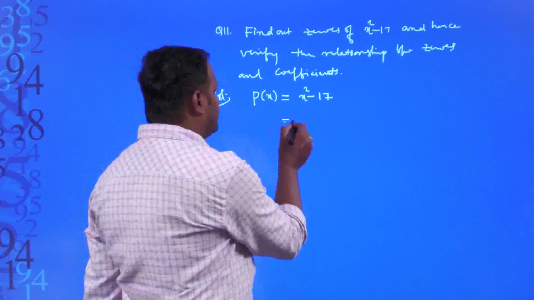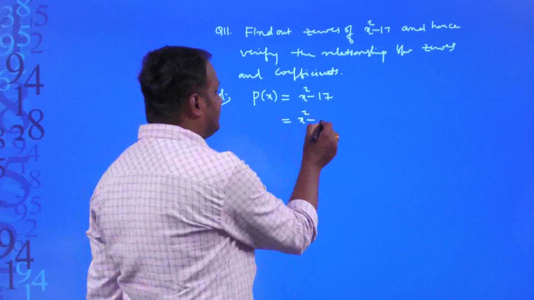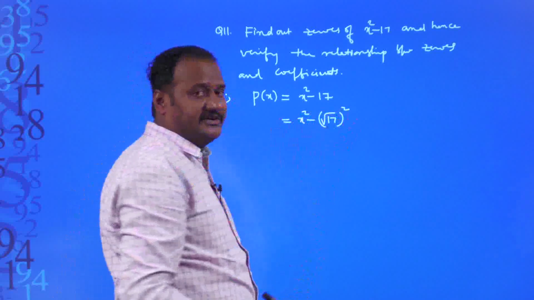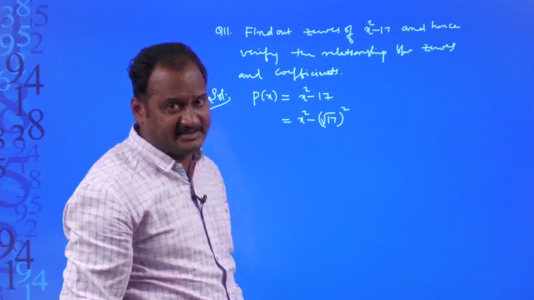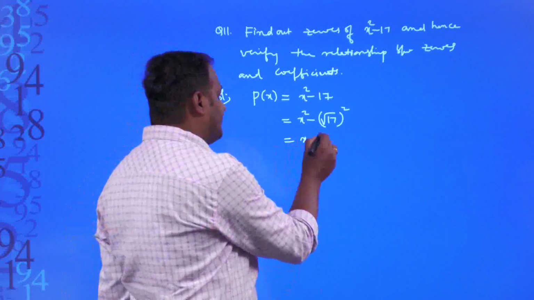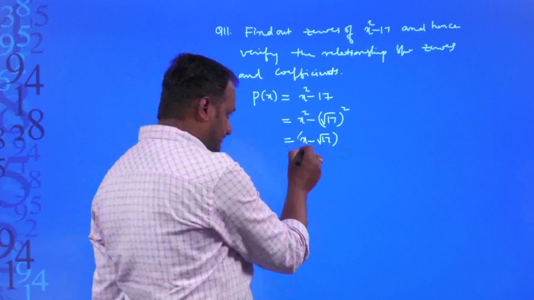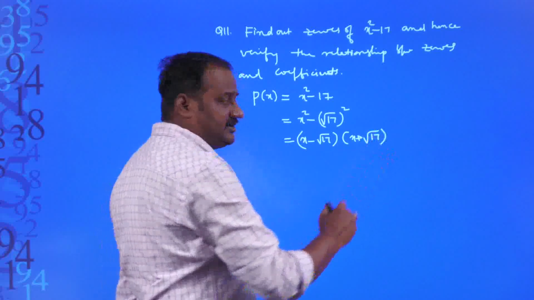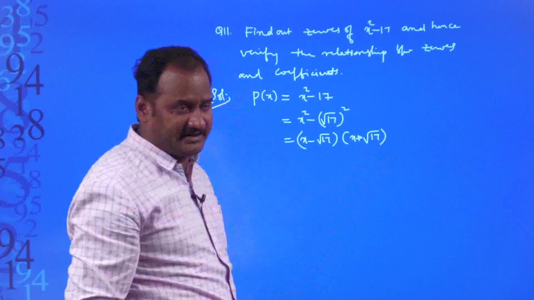Then it is going to be x square minus square root 17 whole square. Now it is in the form of a square minus b square, and the formula for a square minus b square is a minus b times a plus b. Okay. So, these are factors of the polynomial.